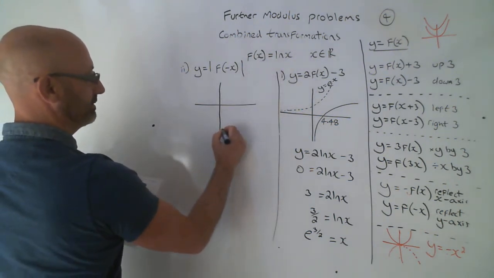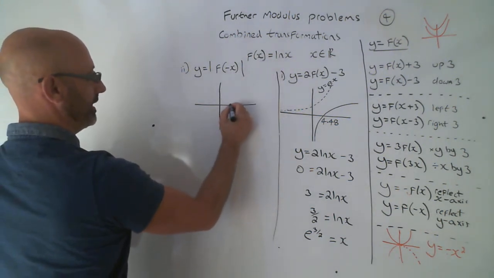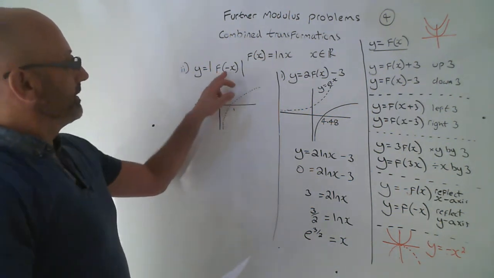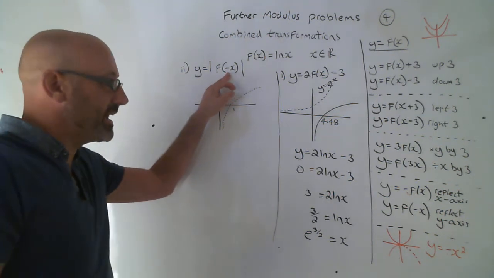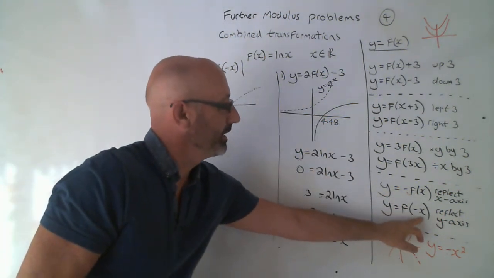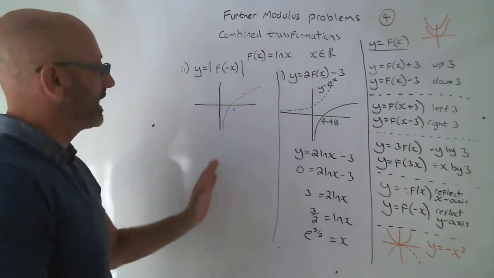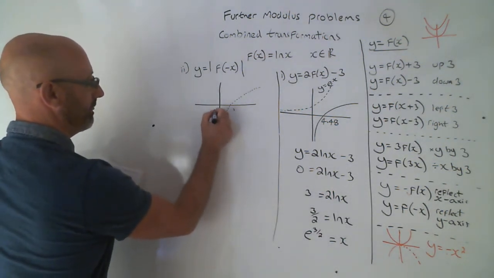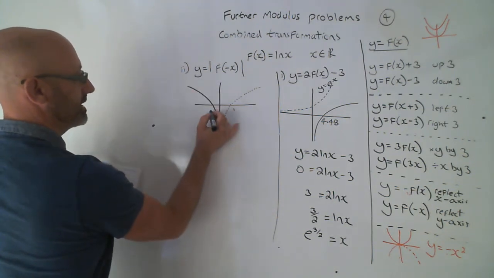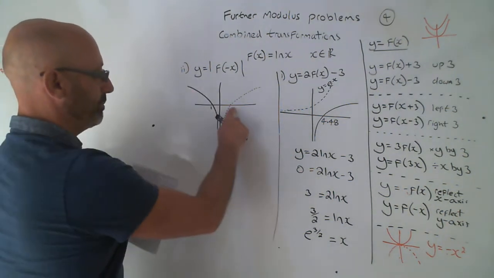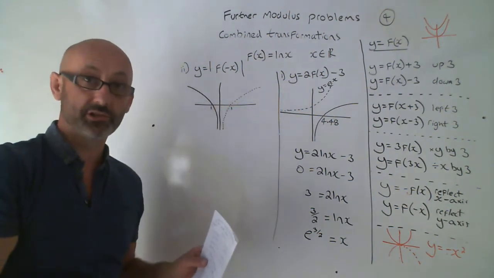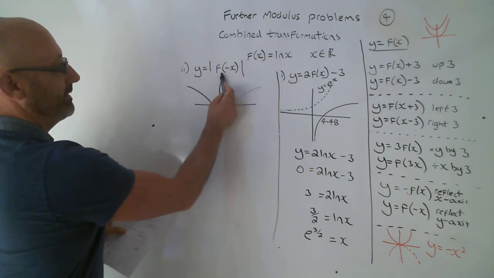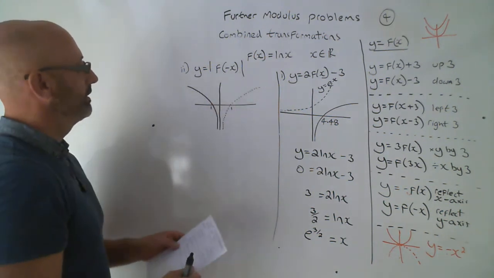So ln x looks like that there. And if it is minus x, that's this one here, it reflects in the y-axis. So actually it's got to look like that there, hasn't it? And I'm going to put that point in as it's a reflection. Okay, so we've done that bit in the middle there.